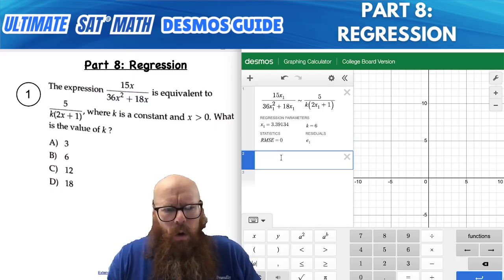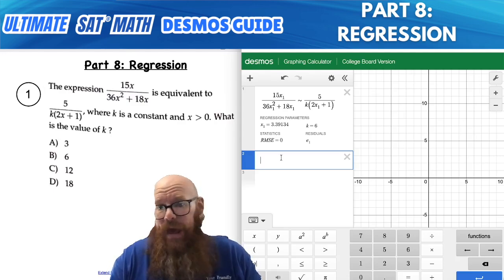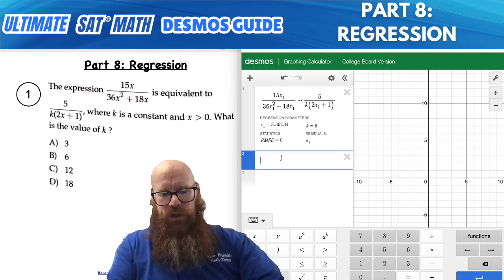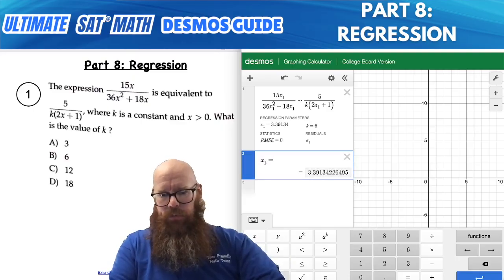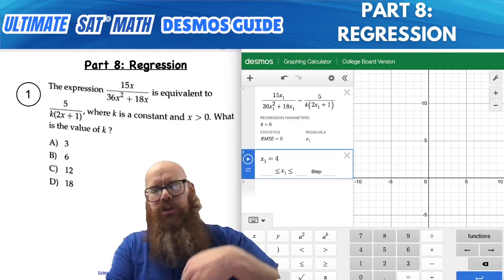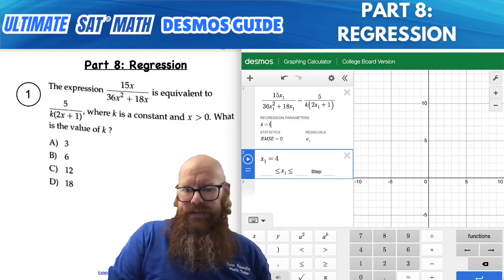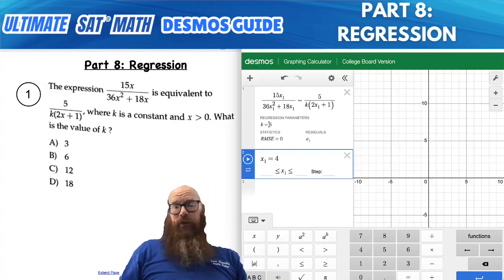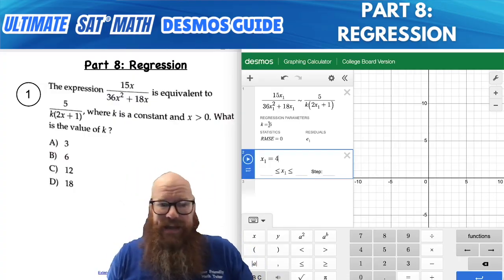We only have one parameter, so yeah, this answer is right. It's making x1, but what I'm going to do is say x1 equals, and just make it 2 or 3 or 4. You see, no matter what I make it, k is 6. So that is definitely the answer. K is 6 here.